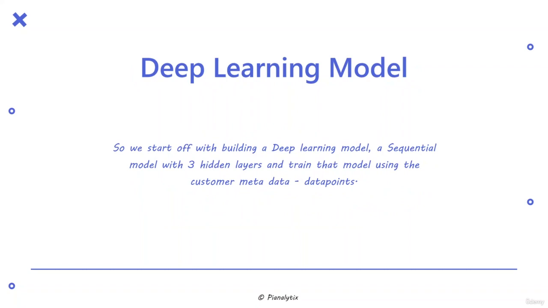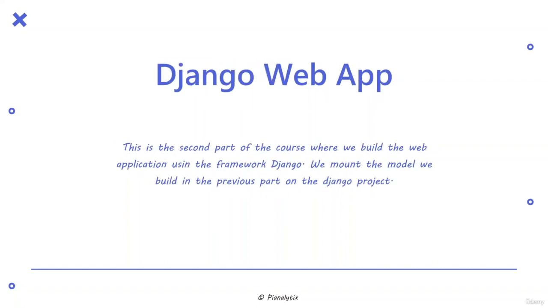Now the first part is building a deep learning model. We start off by building a sequential model with three hidden layers, and train that model using our customer metadata, or I would say our dataset. Next is building our web application.